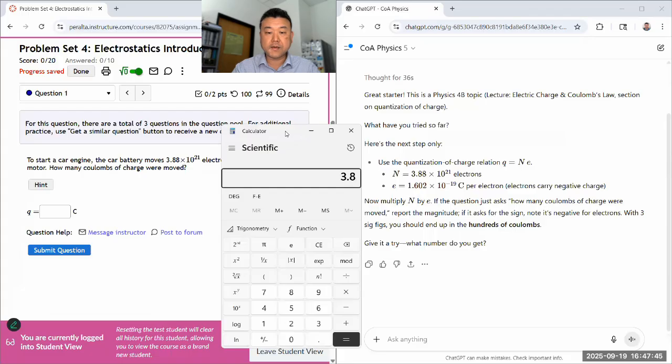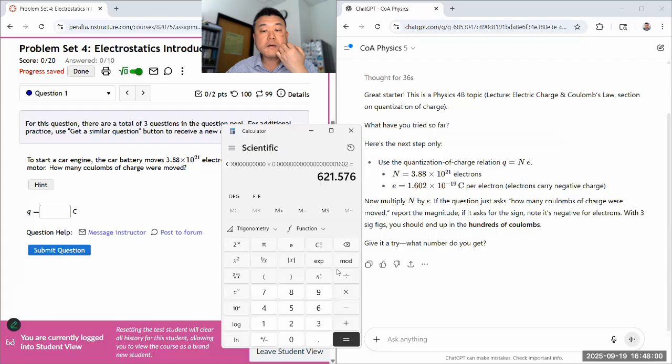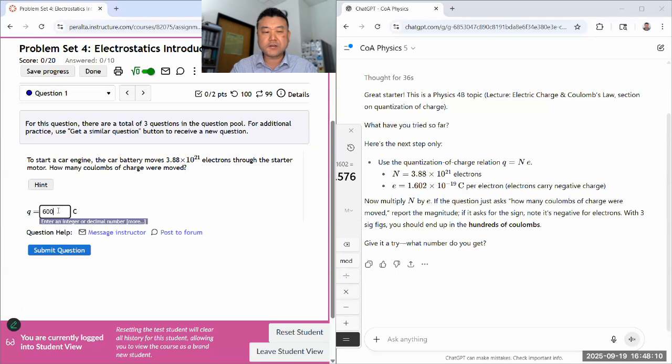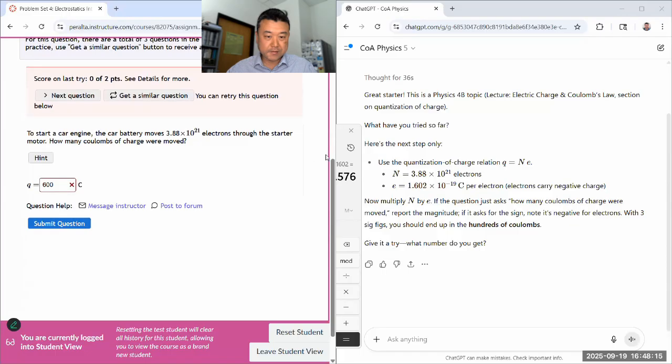So 3.88 E21 times 1.602 E-19 is equal to that, 620. Yeah, I guess that's right. So if you round it to 620, then it'll be graded as correct. If you round it to 600, it won't be graded as correct.